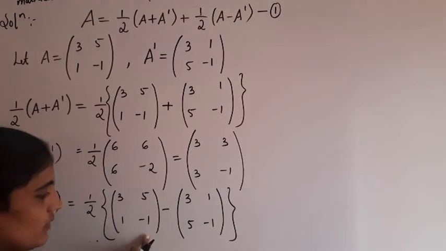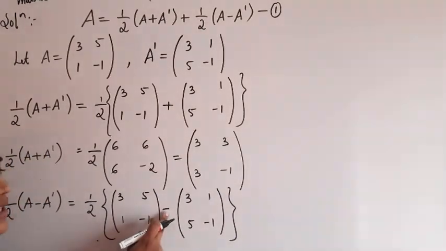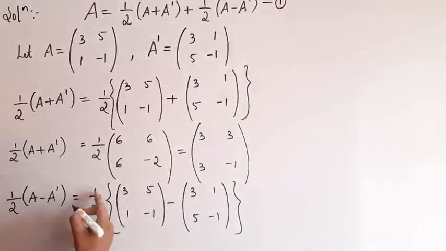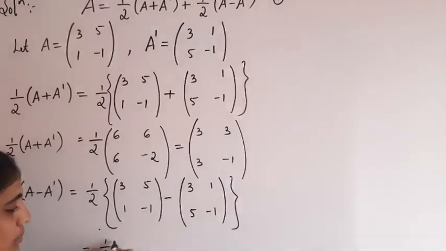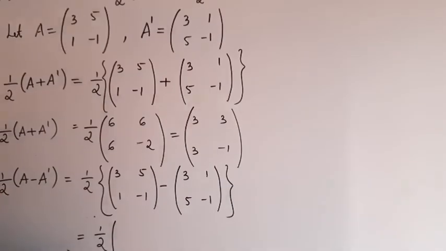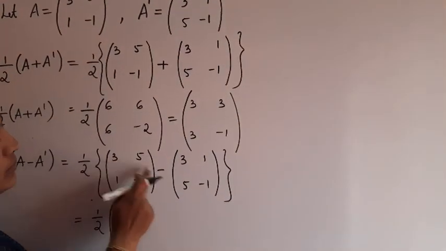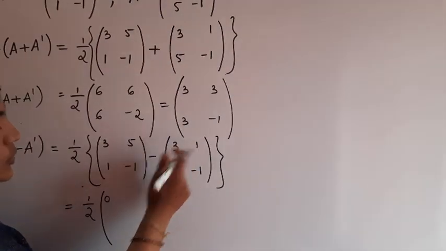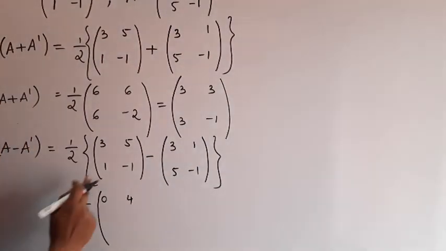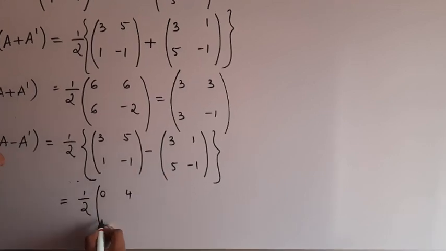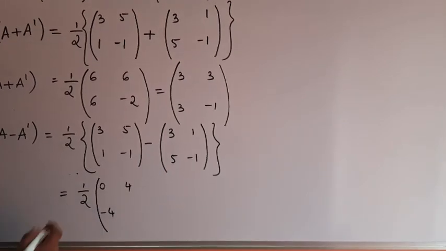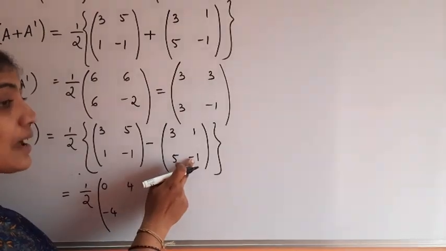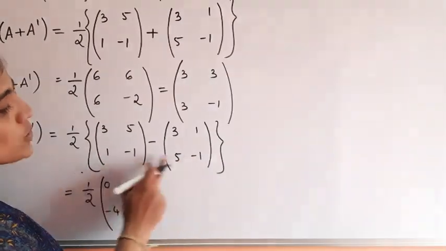In between these two matrices there is a minus sign, so we have to subtract their corresponding elements. Write 1 by 2 as it is, into the matrix. 3 minus 3 is 0. 5 minus 1 is 4. 1 minus 5 is minus 4. Minus 1 minus of minus 1 becomes plus 1, so minus 1 plus 1 is 0.